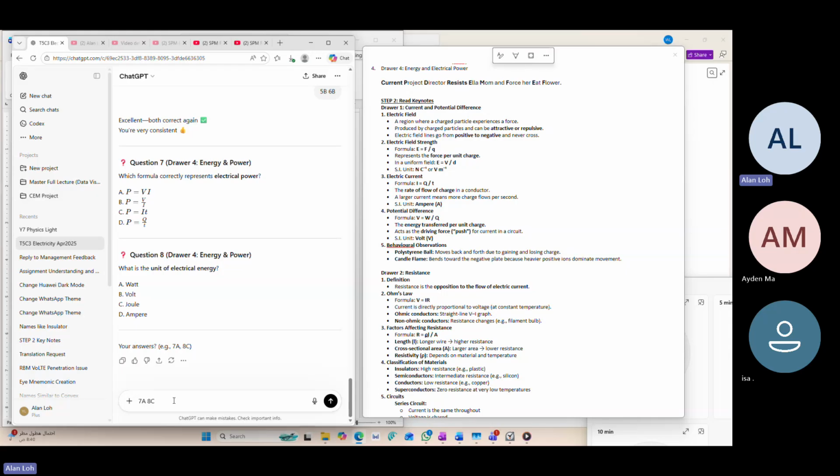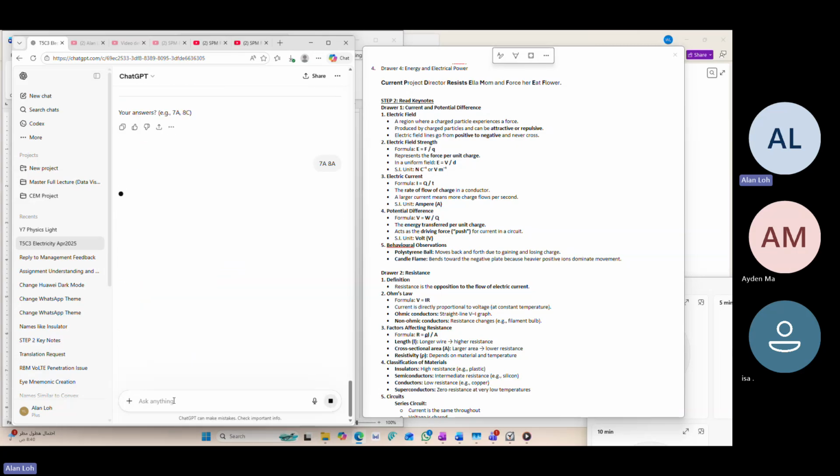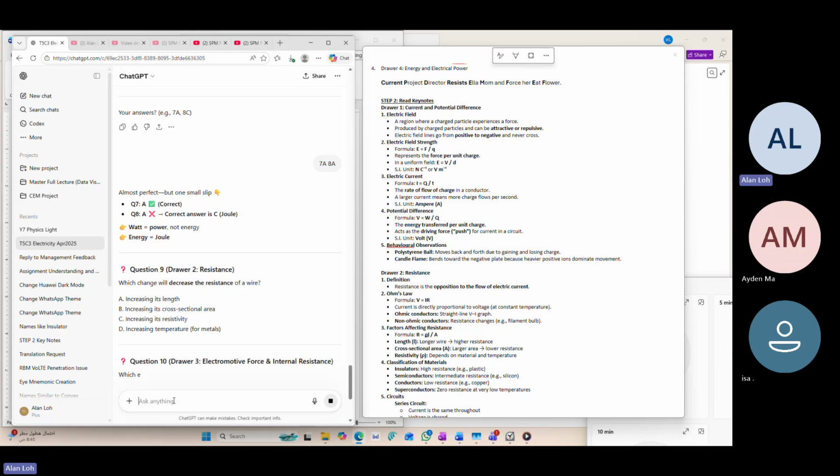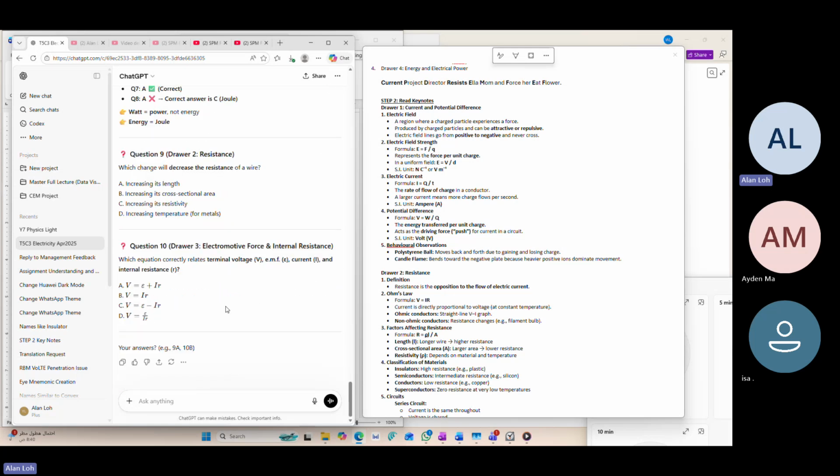Okay, let's try C. Let's try A. Let's see what is the answer. All right. So Singling got it right. No worry, Aiden. So you understood there is new information. Take it and put it inside your drawer. Okay. Joule.